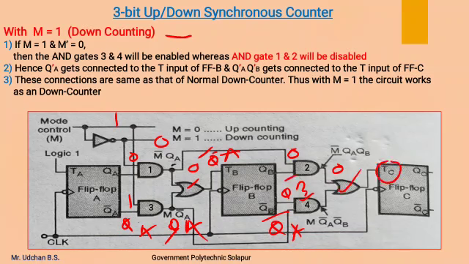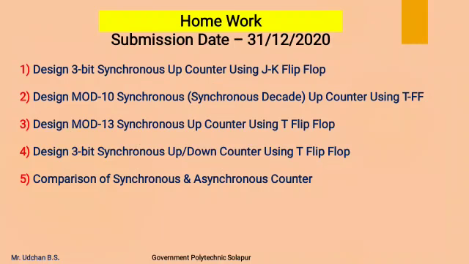Therefore in this we can observe that the complemented output of the previous flip-flop is connected as the T input to the next flip-flop by enabling AND gates 3 and 4 and disabling AND gates 1 and 2. Therefore these connections are the same as those of a down counter. Therefore with M equal to 1 the circuit works as a down counter.